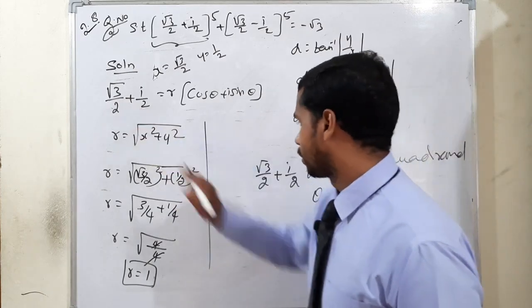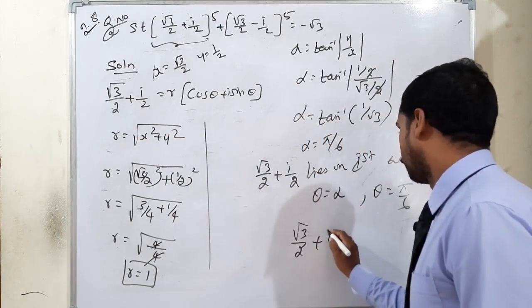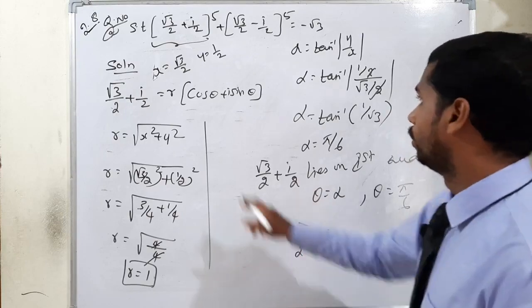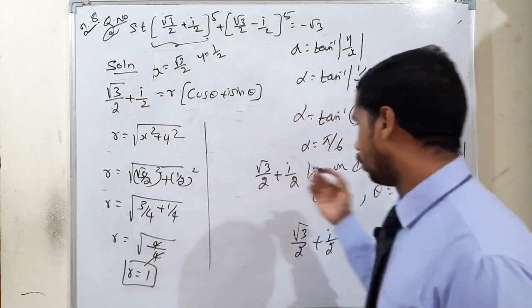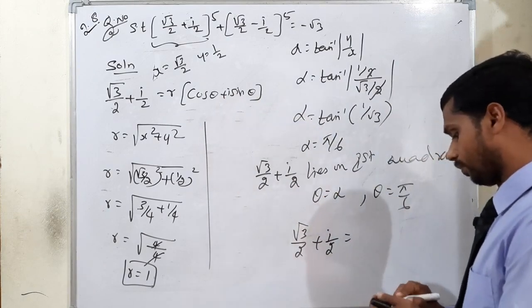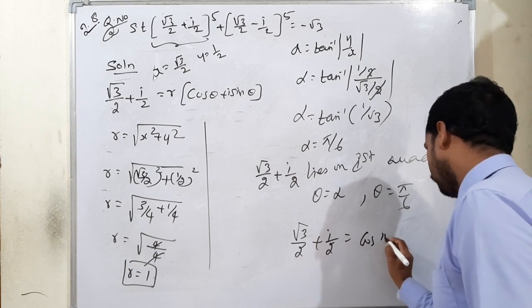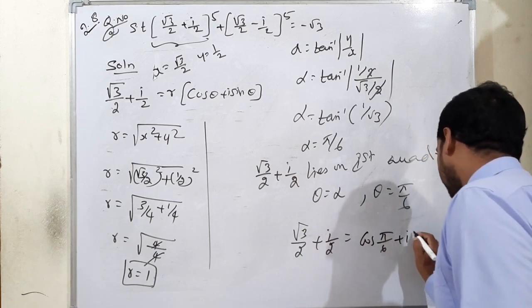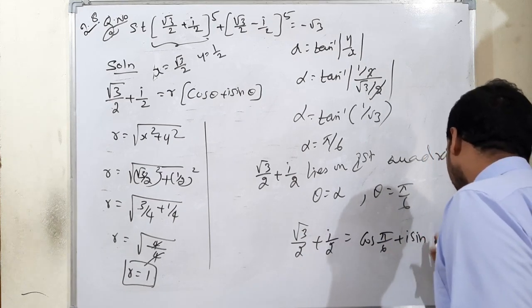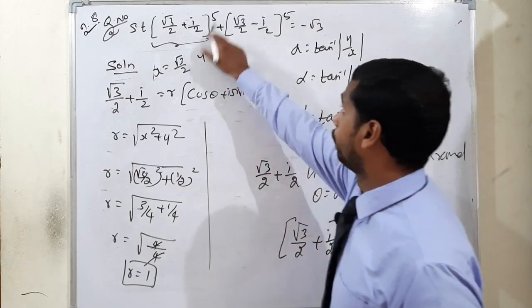So the first condition: root 3 by 2 plus i by 2 is equal to, the r value we found is 1, so no need to write it, but the theta value is pi by 6. Therefore cos pi by 6 plus i sin pi by 6. But the condition is the first term the whole power of 5.